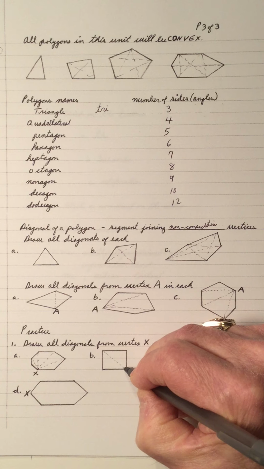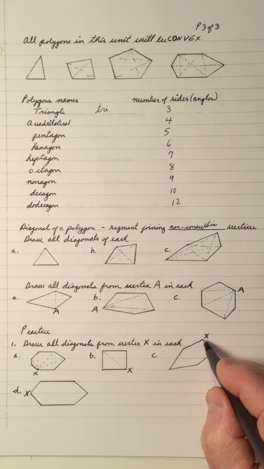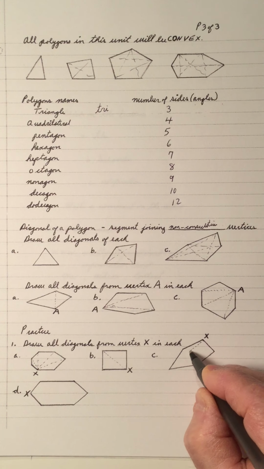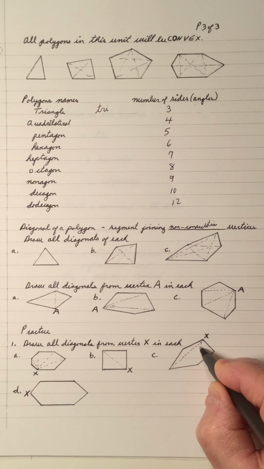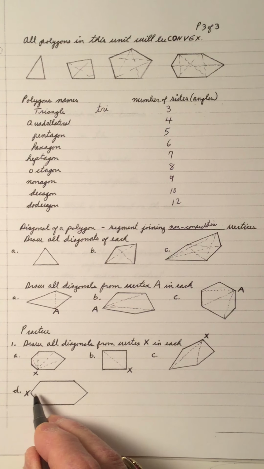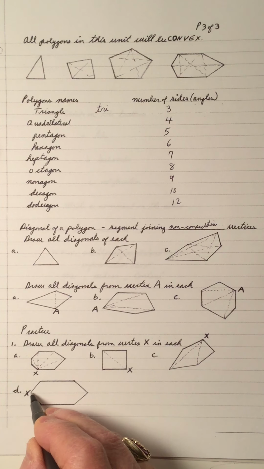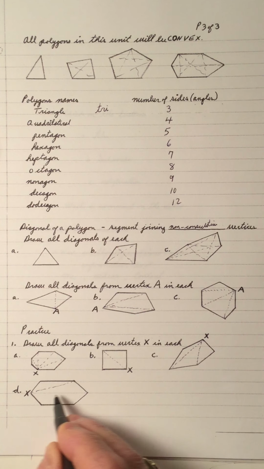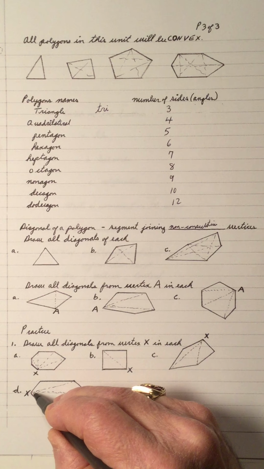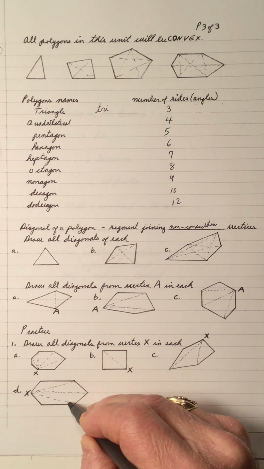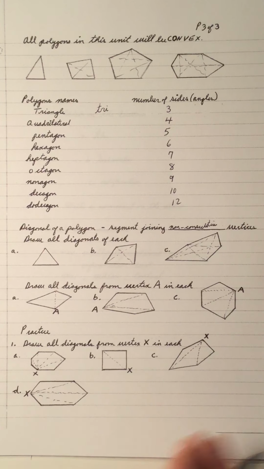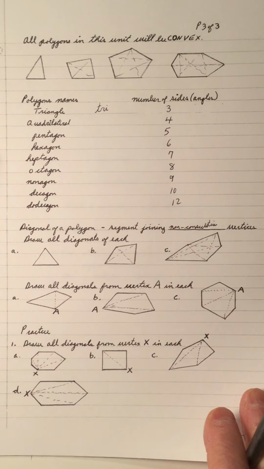There's only 1 diagonal from X. And from this pentagon, which is 5 sides, there's a diagonal right there. And there's a diagonal right there. And from this one, that's a side, and that's a side, so I can go to here. That's a diagonal. I can go to there as a diagonal, and I can go to there as a diagonal. So that's all the diagonals from X. We'll use that in the next video coming up very shortly.